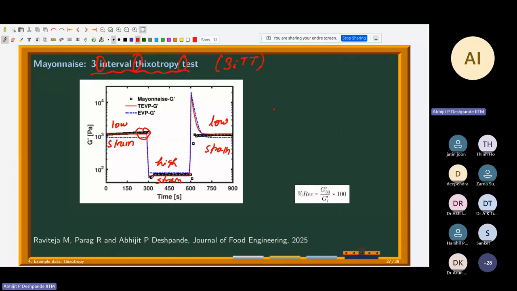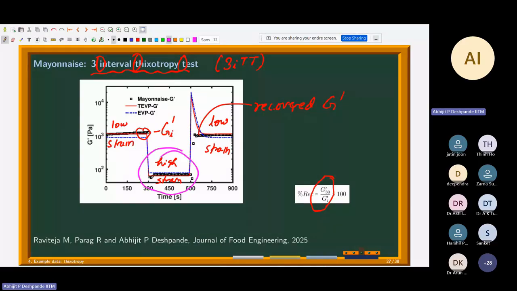One of the important things that people sometimes try to quantify is, say after 30 seconds of recovery, how much G prime has been reached compared to the initial value. So this is the initial value, and from here we can get an idea of the recovered value, because in between the material was subjected to a very high strain rate.